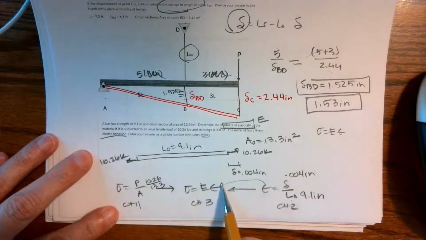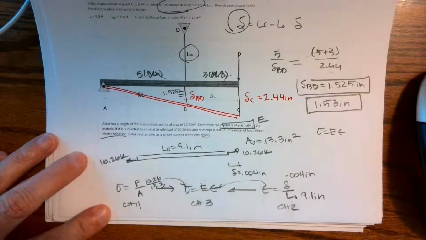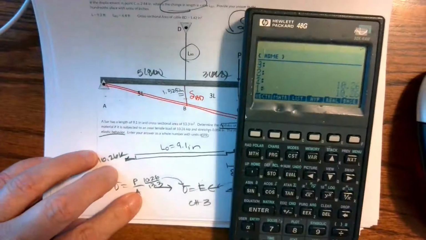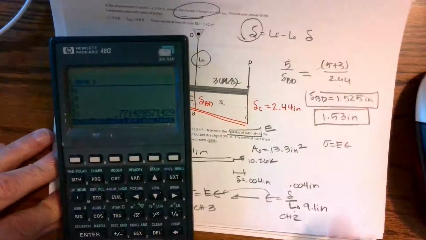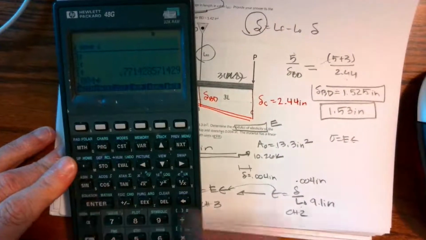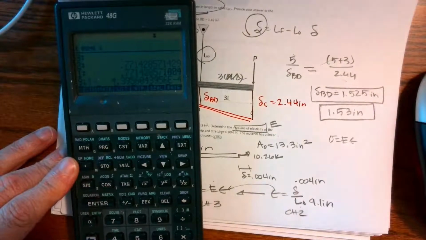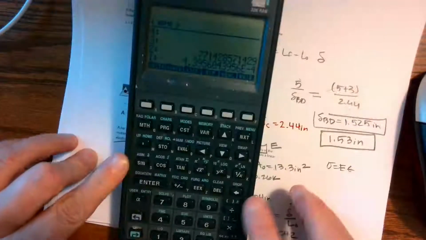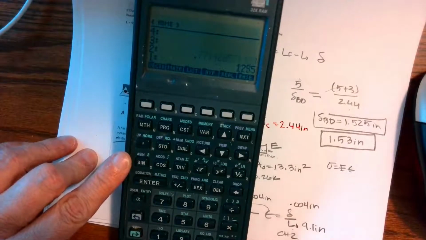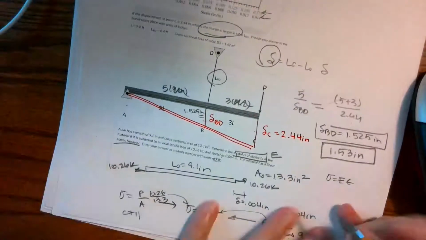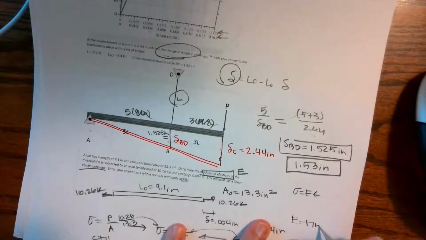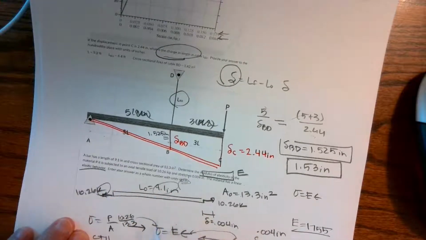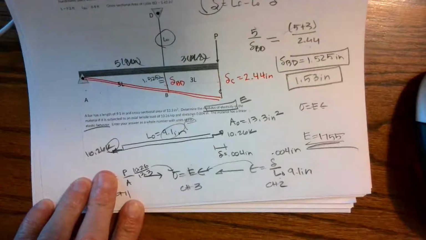So I can plug that there, and calculate E. So 10.26 over 13.3 divided by strain, 0.004 over 9.1, and then we multiply by the reciprocal. So here's my reciprocal, and I multiply, and I get 1755. And it says in KSI, and I've been working in kips and inches. So there's my answer for that problem.